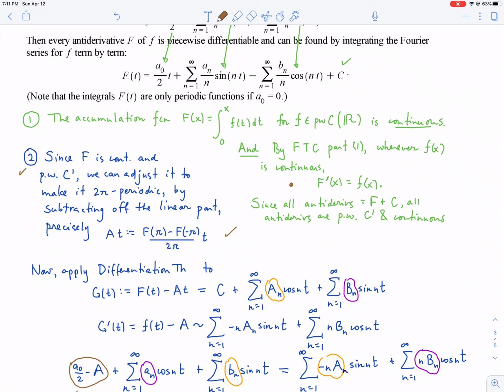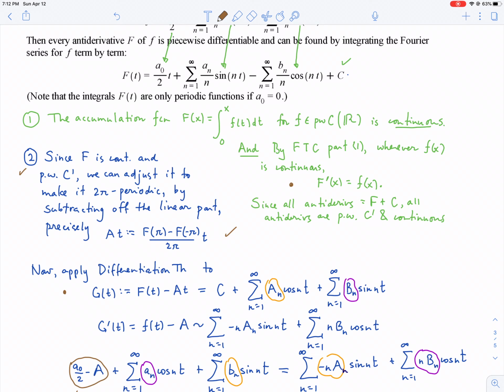So you can subtract off, I call it capital A t, where capital A is just the secant slope over an interval of length 2 pi, times t. And then capital F minus A t will be 2 pi periodic and piecewise C1.